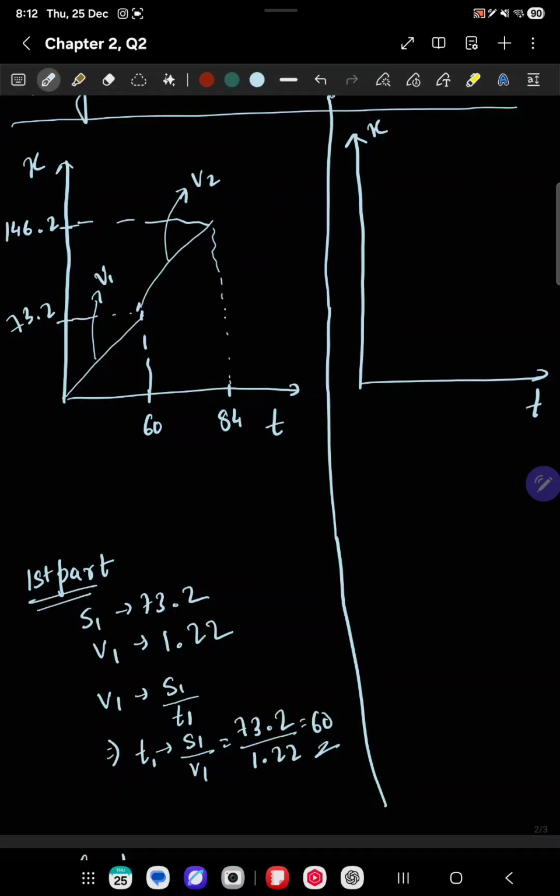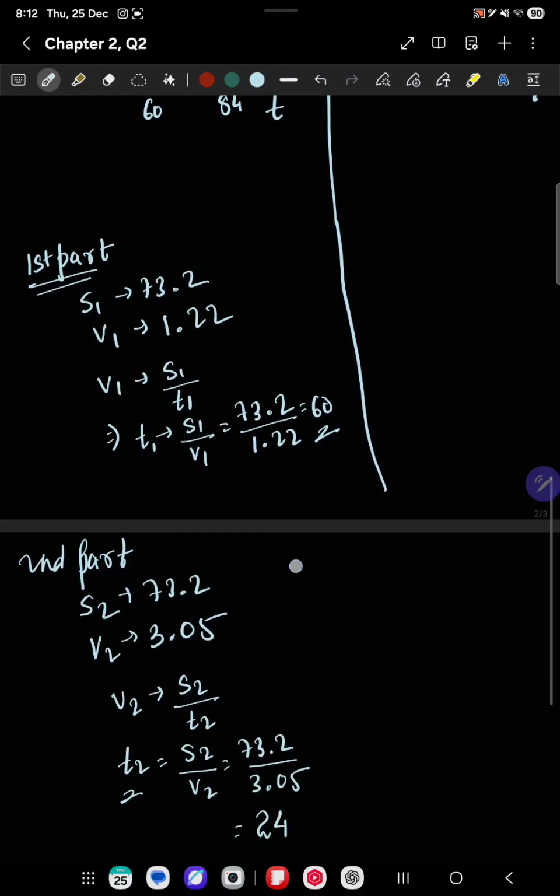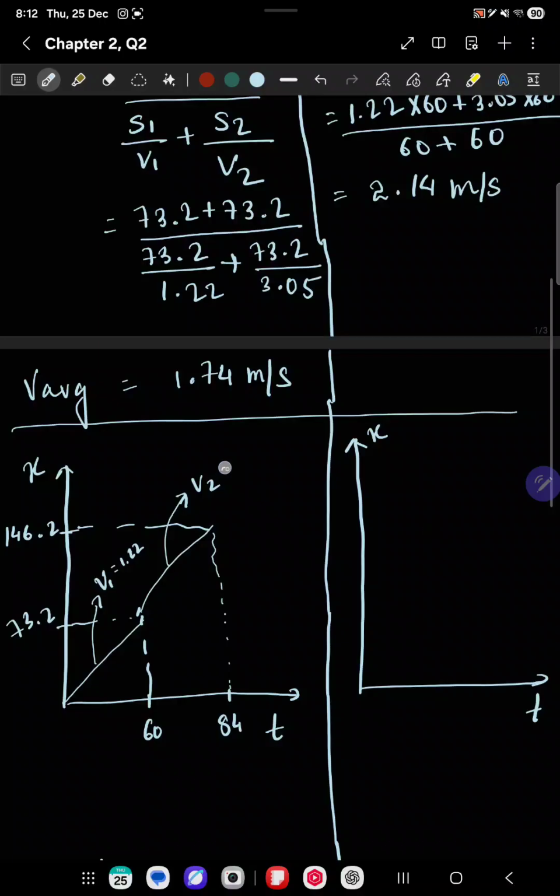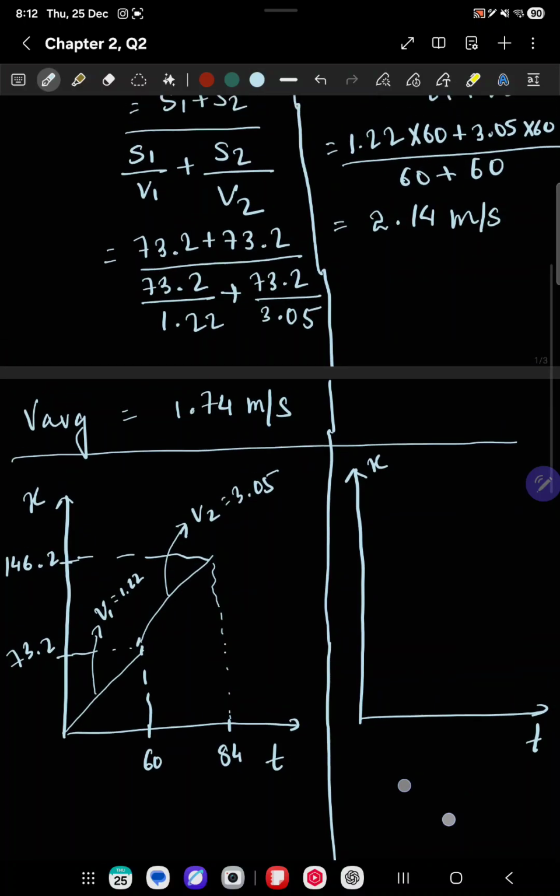V1 and V2 already written above, or let me write it here also, 1.22, and V2 is 3.05.